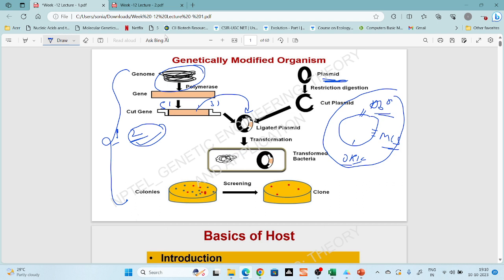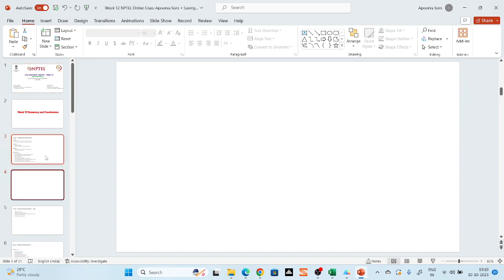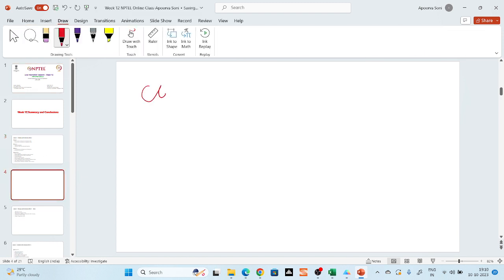But if you want to use that particular cloning vector as an expression vector, what is the difference between a cloning vector and an expression vector? So you have cloning vector and you have expression vector.